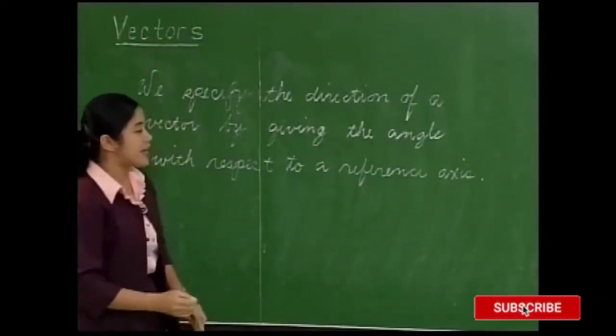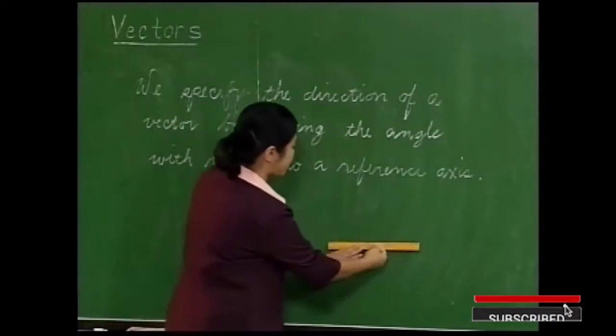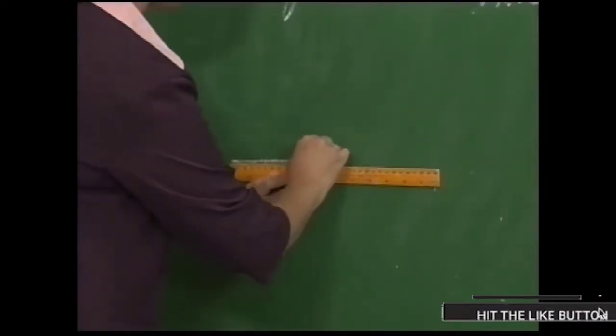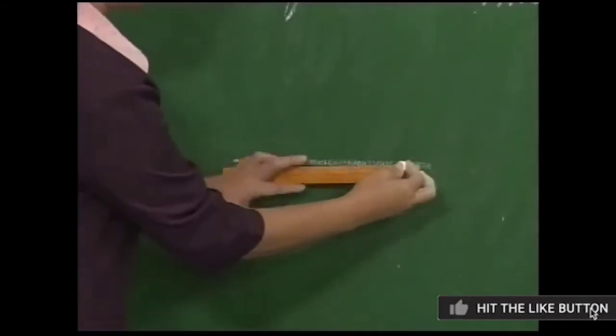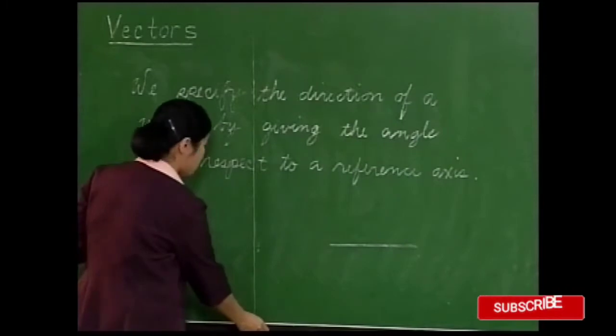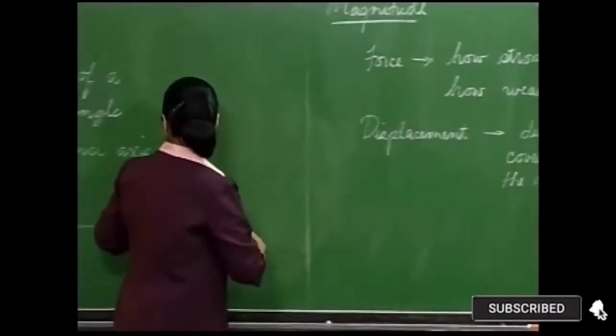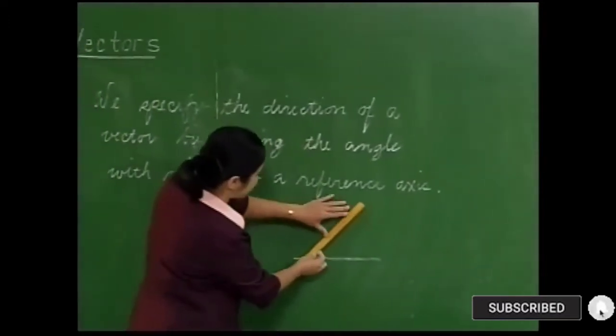So for example, again, you have learned this in geometry. Suppose this is my axis, and I would like to indicate the direction of a vector. So I draw my vector here.